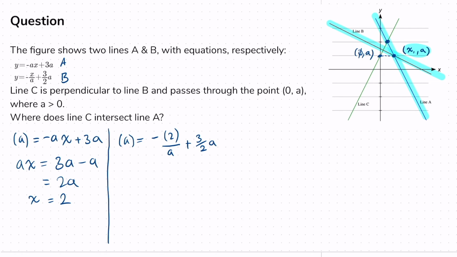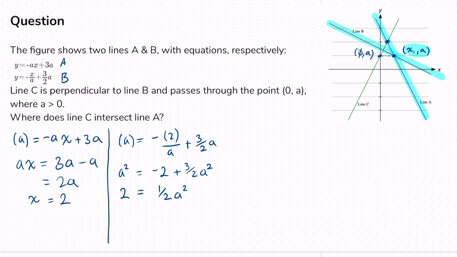The first thing I want to do here is I've got two lots of A on the right-hand side. I'm going to multiply by A to get rid of this divide by A. So I do that on both sides. Gives me -2A squared. So then I'm going to move the 2 to this side, and I'm going to subtract A squared from both sides, which gives me half A squared.